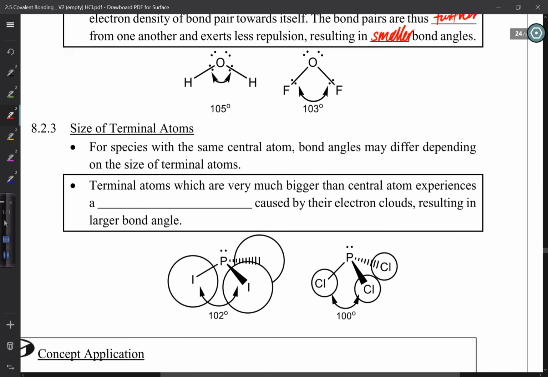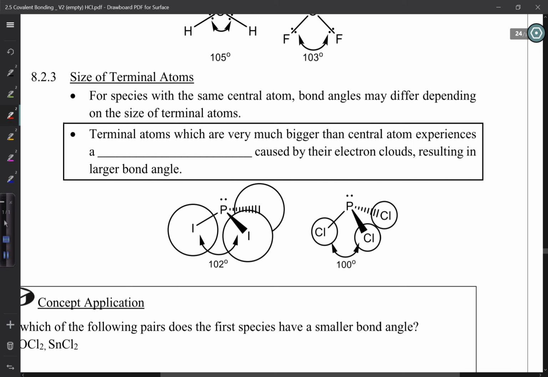The next factor which affects bond angle is the size of the terminal atoms. Now if you compare PCl3 versus PI3, we know that iodine is much below chlorine in the periodic table, correct? So if you have PI3, it's like you holding on to 3 big watermelons.